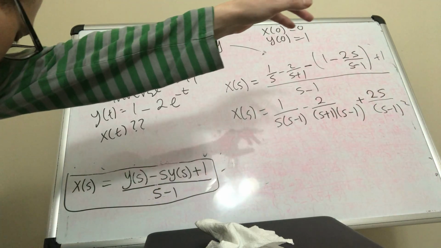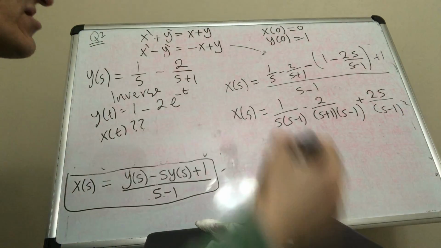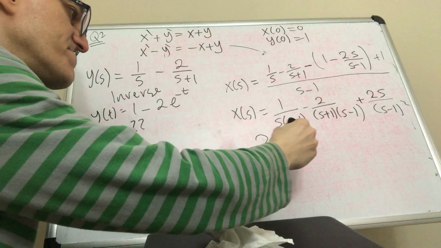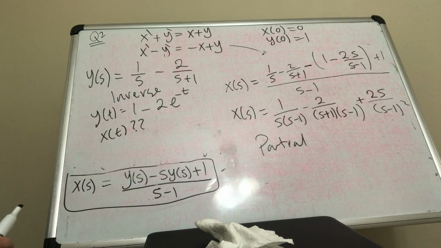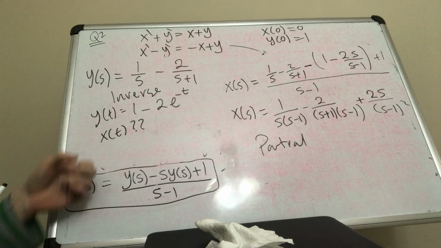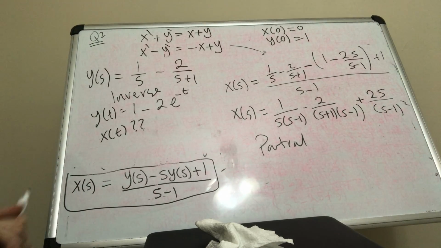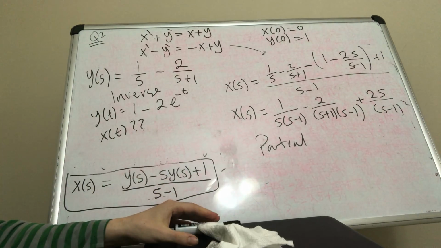So you get to x of s, and now here you do the partial fraction again, and then you know what the final is. For this question, they only asked for the y. They didn't ask for the x. But to do it, you have to plug it back into the system and work it out.